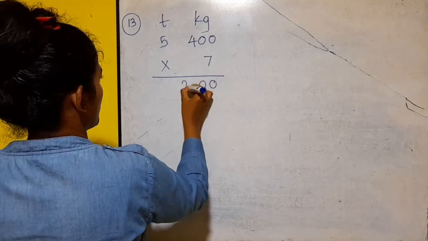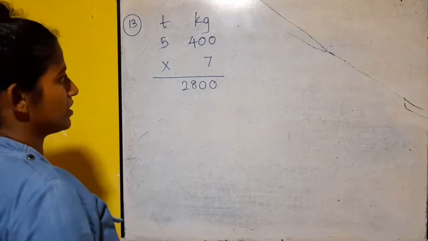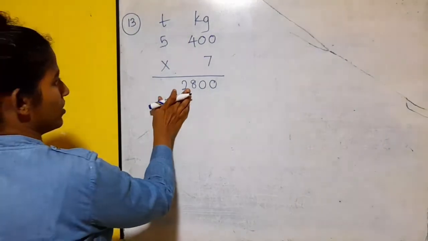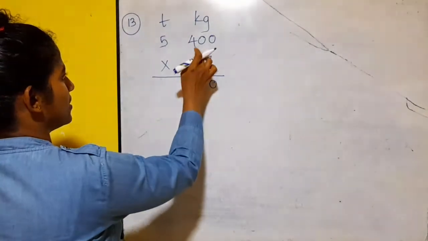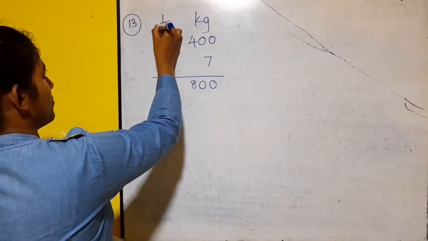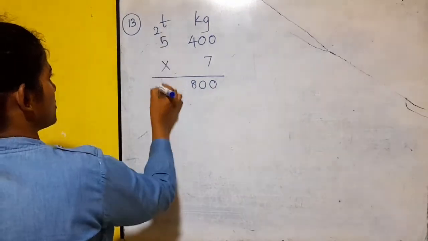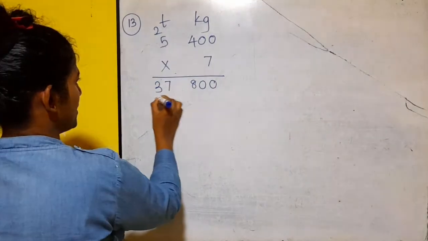Then 7 times 4 is 2,800, but you can't keep 2,800 in this column. You have to take 2,000 kilograms into the tons column as 2 tons. Then 7 times 5 is 35, 35 plus 2 is 37. This will be the answer.